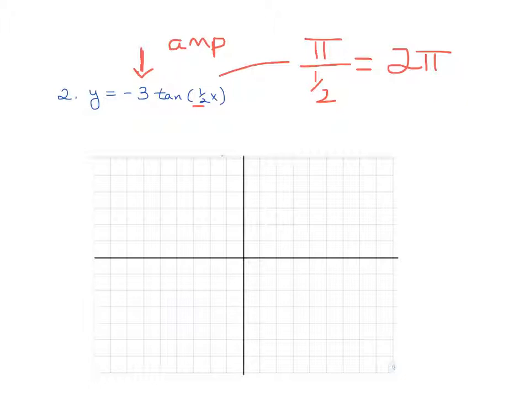So now again, to get these 4 points, 1, 2, 3, 4, I'm going to take 2 pi and break it into quarters. Multiply it by 1/4, 1/2.